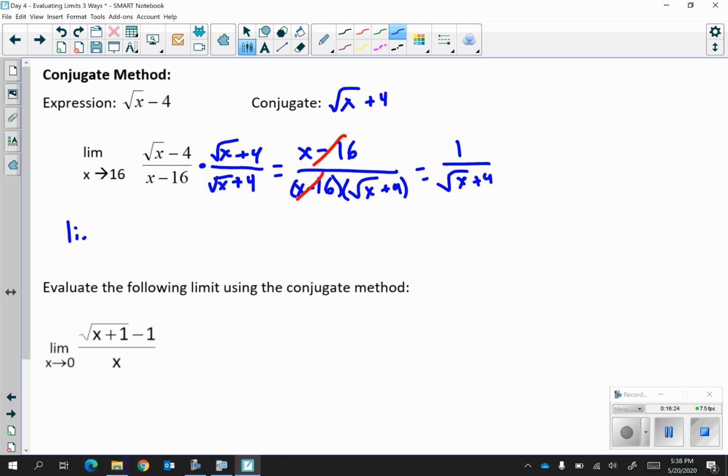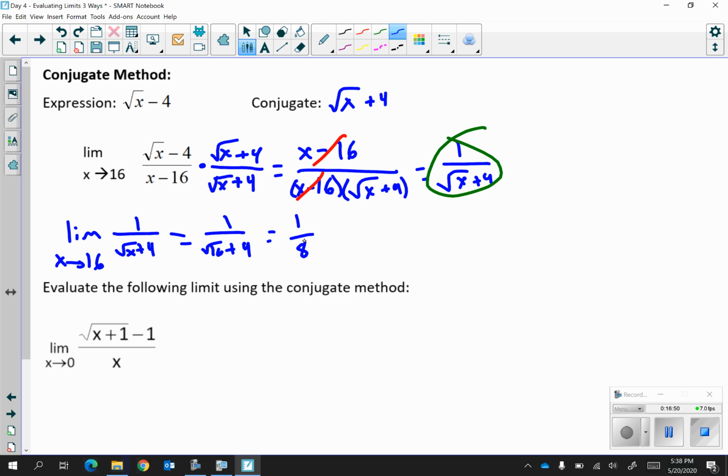The limit as x approaches 16 of 1 over the square root of x plus 4. That's what I came up with here. I'm going to substitute the value in, and I'm going to have the square root of 16 plus 4. That gives me 1 over 8 if you were to simplify it.